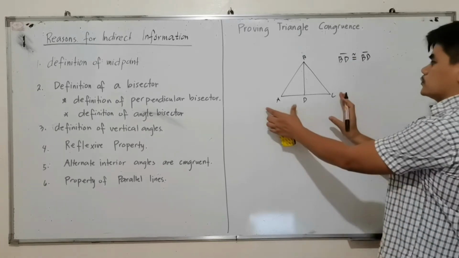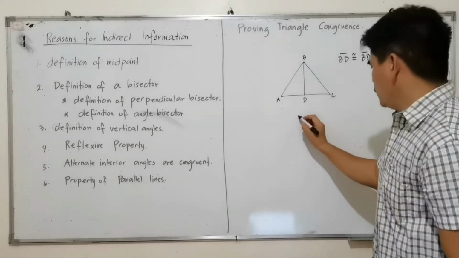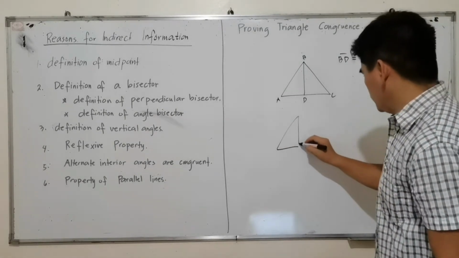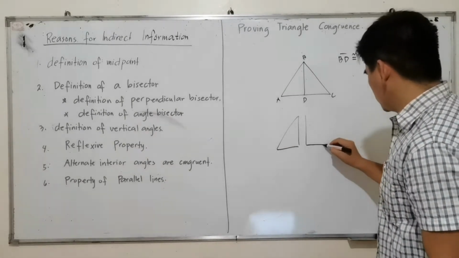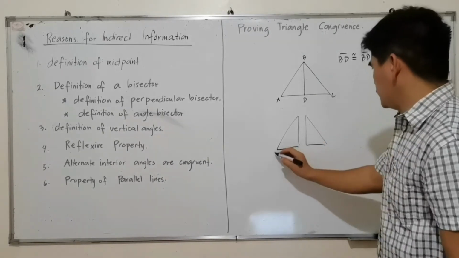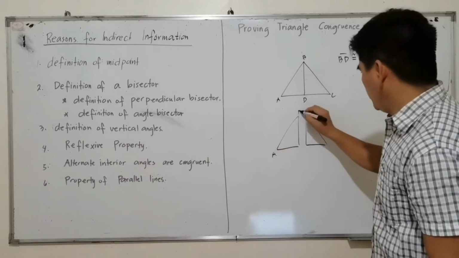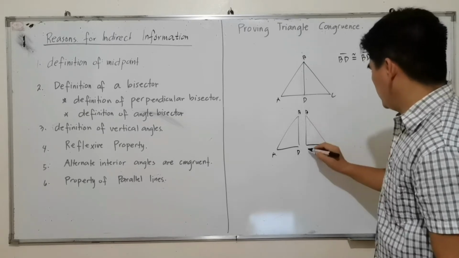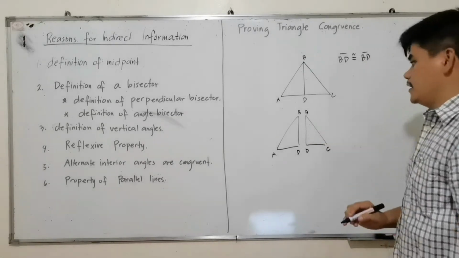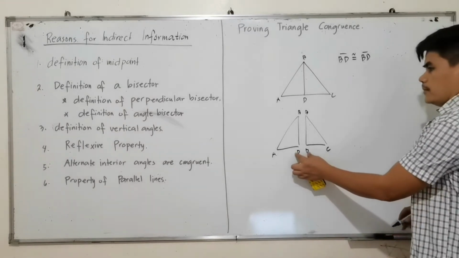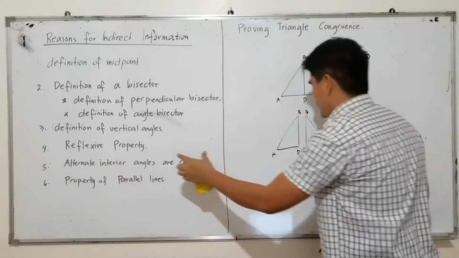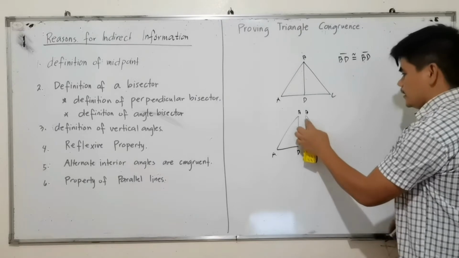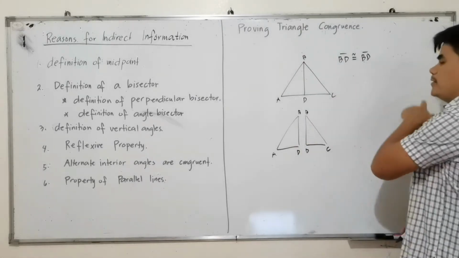If we separate the two triangles, we come up with this triangle ABD and this triangle BDC. By reflexive property, BD is congruent to BD.